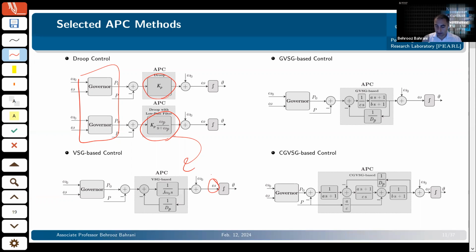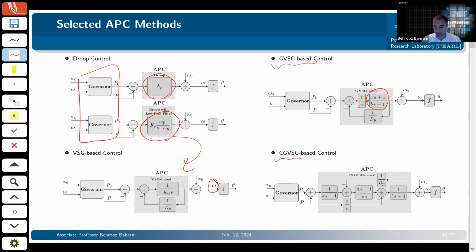There are certain variations, like I said, CG-VSG, which is compensated generalized VSG control, or generalized VSG control. What they are, without going into the details of them, essentially this GVSG is very, very similar to VSG, except there's a lead lag control there as well.